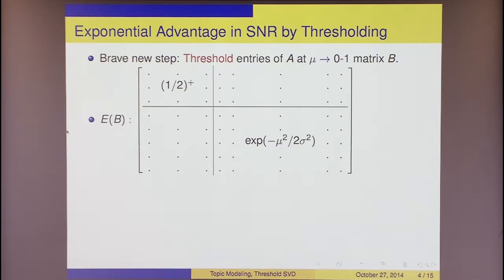The entries in the k by k part are in expected value at least half, because with at least half probability you are greater than mu. The entries in this part, it's normal with mean 0 sigma squared, right? So the probability that they'll exceed mu is just this Gaussian tail bound. It's not accurate. I have a few other terms, but it's at most this much. That's it. Okay. So what good is that?